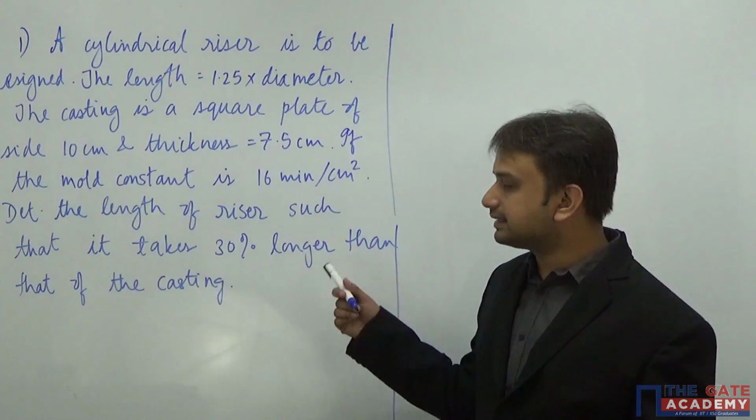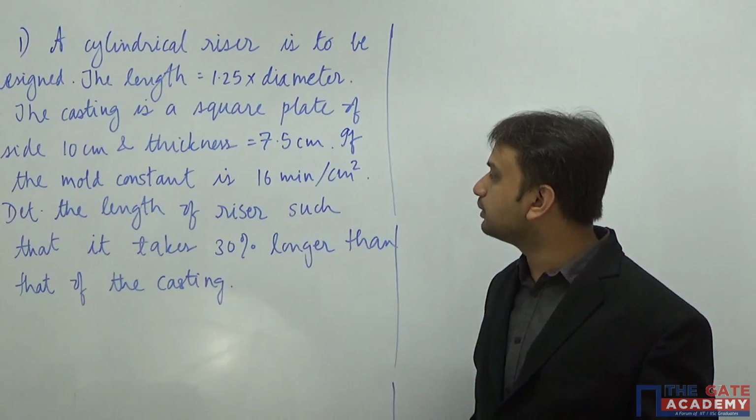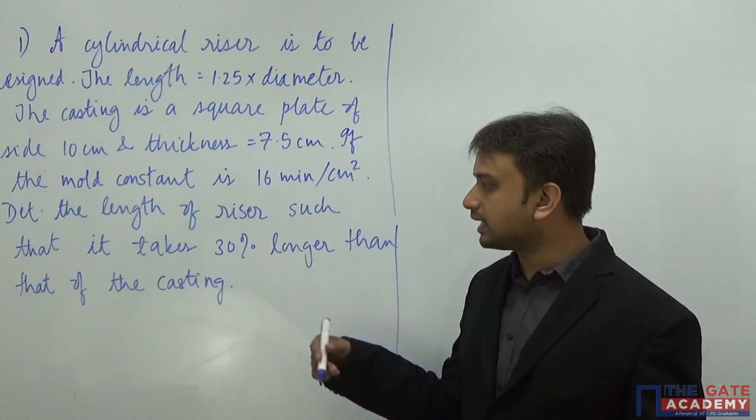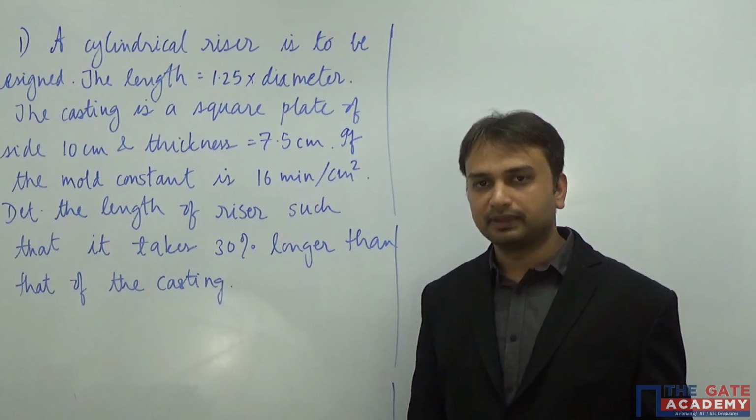The mold constant Cm is given to you as 16 minute per centimeter square. You have to determine the length of the riser such that it takes 30% longer than the casting to solidify.